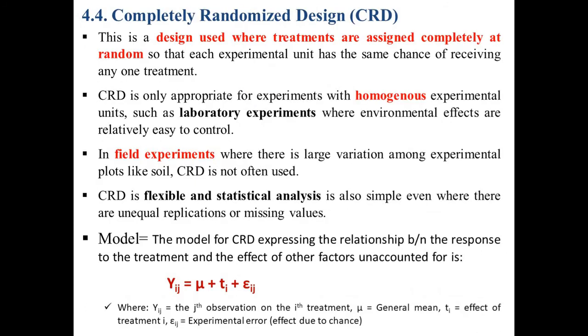The first design, which is commonly used in the laboratory, in the greenhouse, or in general in homogeneous environmental conditions, is the completely randomized design, or CRD. This is a design where the treatments are assigned completely at random.